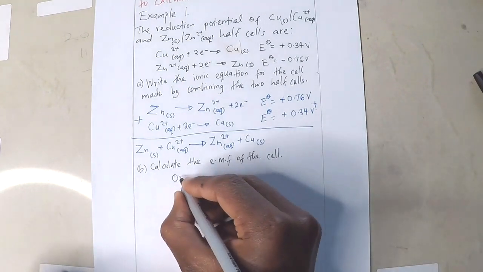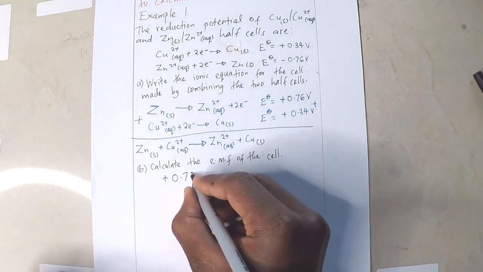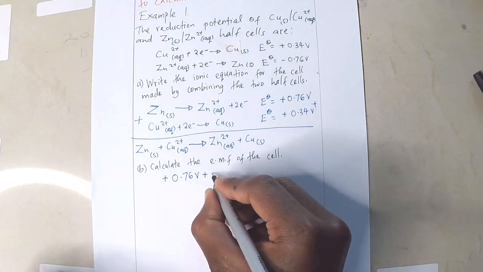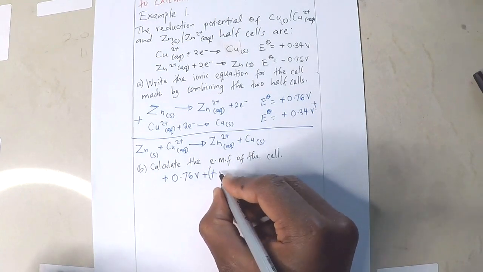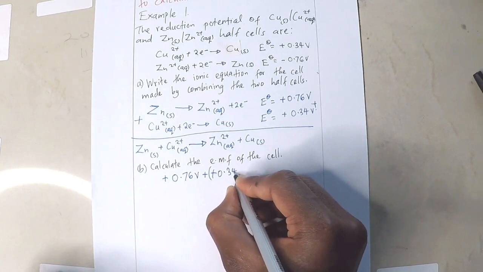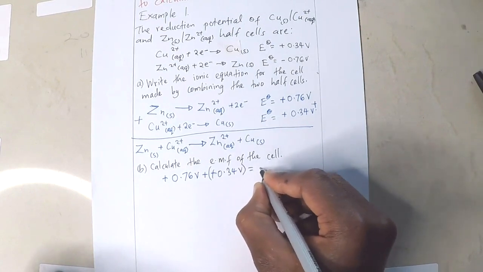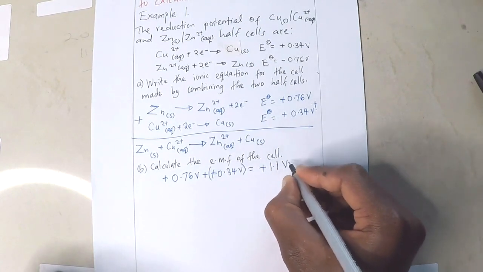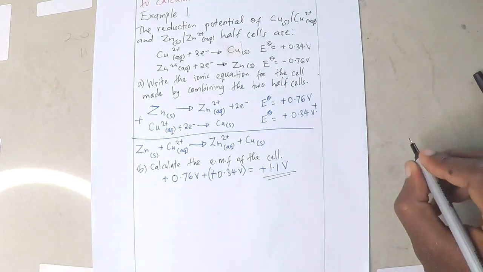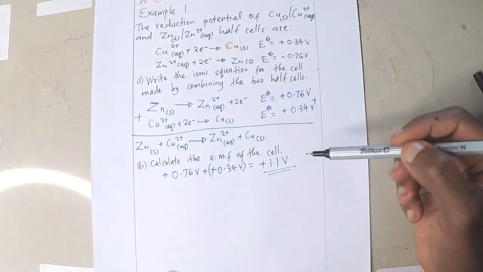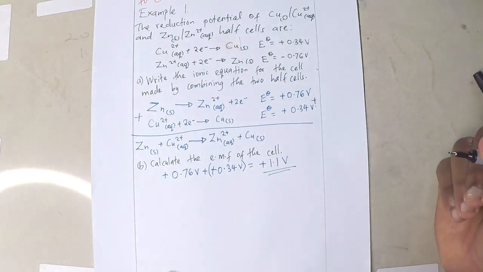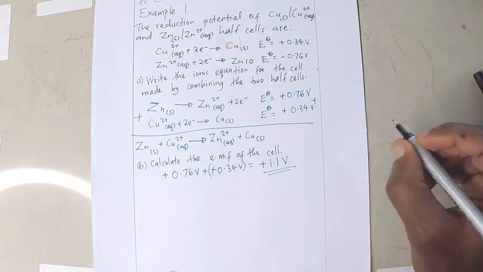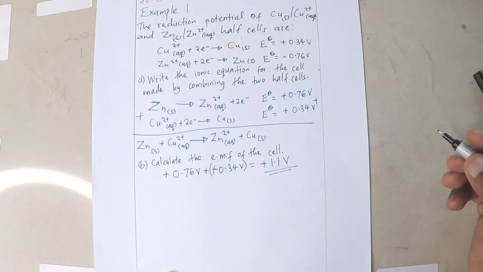So it's going to be positive 0.76 volts plus positive 0.34 volts, giving us positive 1.1 volts. And remember the sign. It is very important to have your sign, because if you lose the sign, it's going to be penalized.